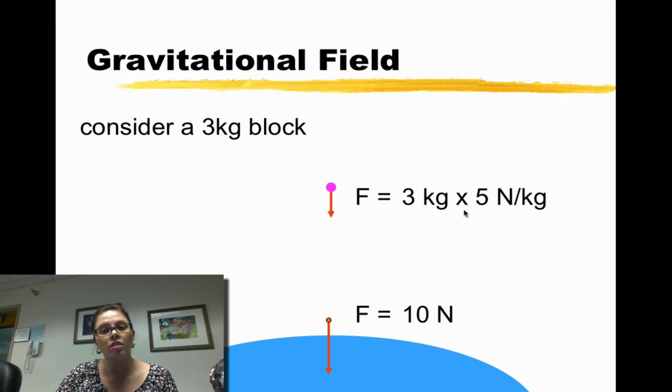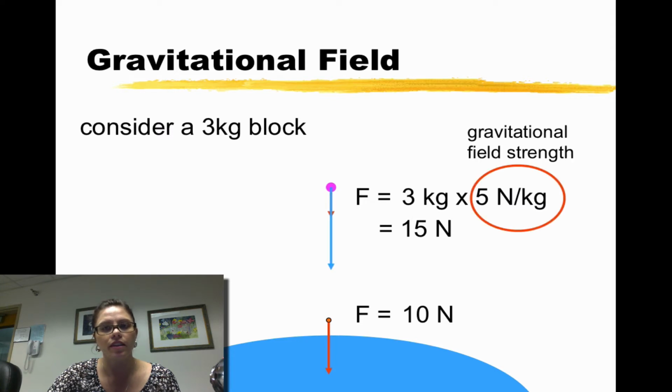So the force on a 3 kilogram block would be 15 newtons. This 5 newtons per kilogram is what we call our field strength. It is how much force is applied to each kilogram at that spot. Okay, so it's our gravitational field strength at that spot.